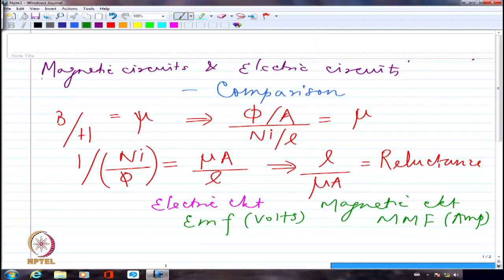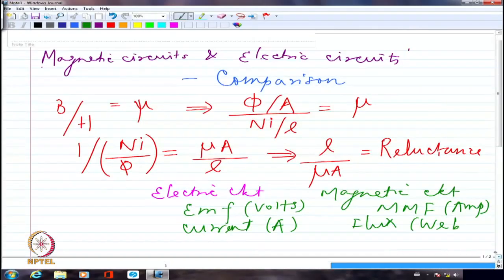Similarly, here current, which will be in amperes, and here it is going to be flux, which will be in Webers.